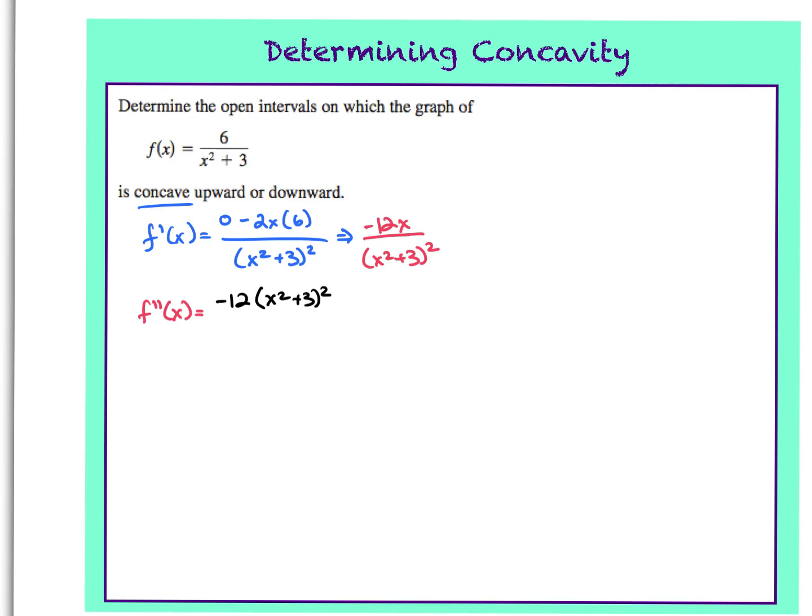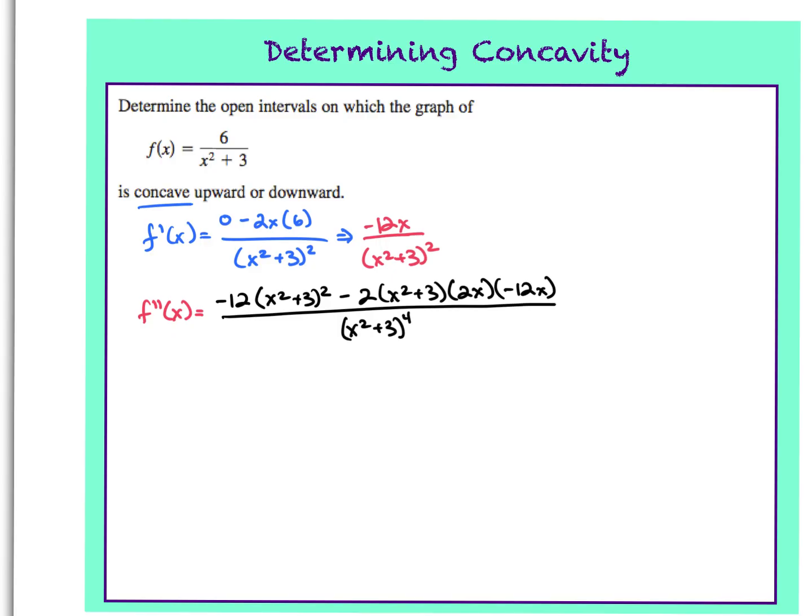And then minus, when I take the derivative of the bottom, a 2 comes out front, and then I have x squared plus 3 to the power of 1, and then a 2x pops out by the chain rule, times the top of negative 12x. And it's all over the bottom squared, so x squared plus 3 squared squared, which is really to the power of 4.